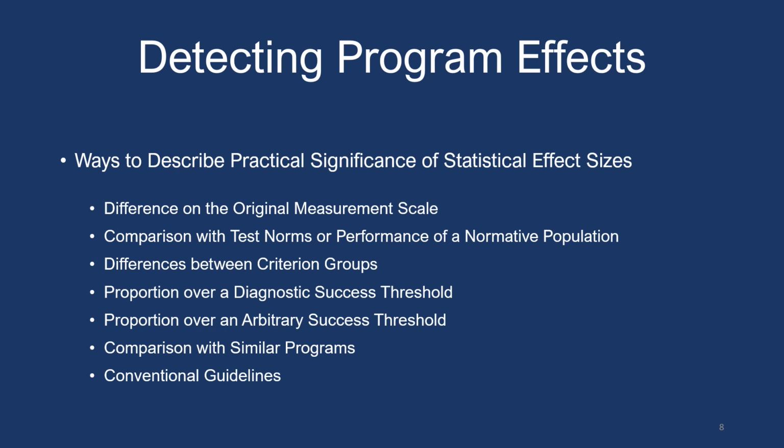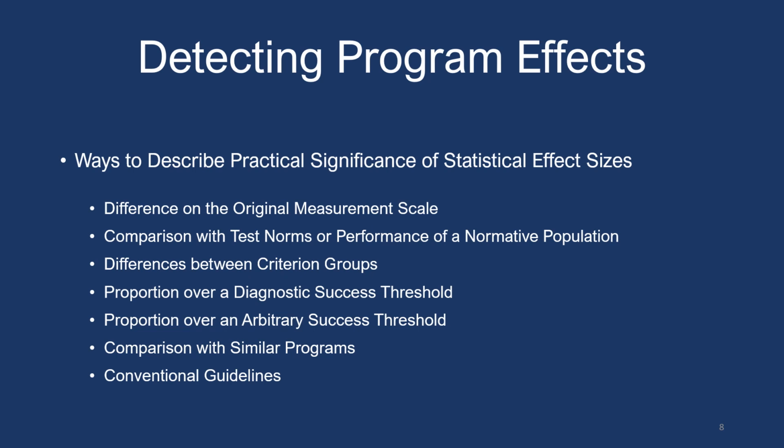For example, a mental health facility may use a depression scale at intake to distinguish between patients who can be treated on an outpatient basis and more severe cases that require inpatient treatment. Program effects measured on that depression scale could be compared with the difference between the inpatient and the outpatient intake scores to assess how they compare with that well-understood difference.